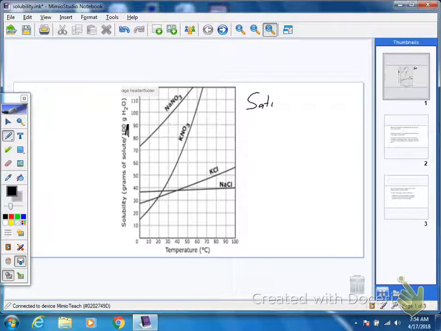Okay, so saturated means that the solution has the maximum amount of solute dissolved.